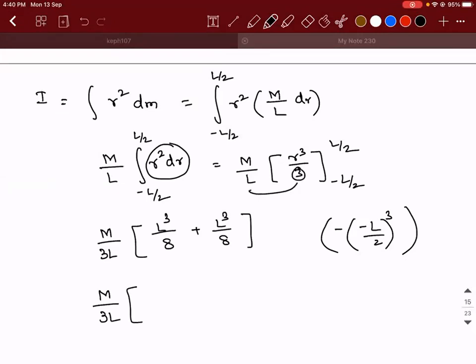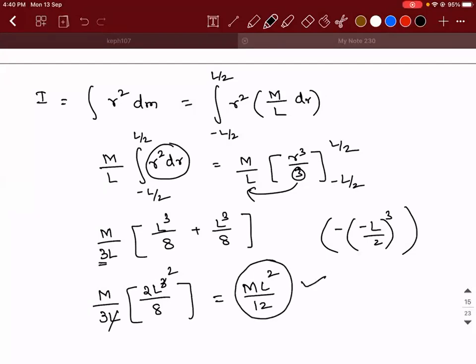I took this 3 out now. So it should be 2L cube by 8, or ML square divided by 12. So the moment of inertia of a thin rod when it is revolving about its center is M into L square by 12. First, let me explain the significance of it and visualize it. Then you can make a note of the formula.